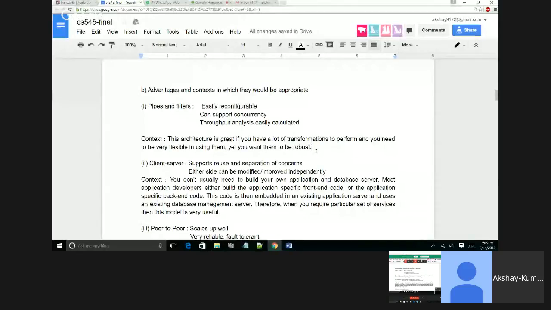Actually, can you just highlight your question? Advantages and context. Okay, this is the B part. This is the context part, and this is the advantages part. Yeah, perfect.